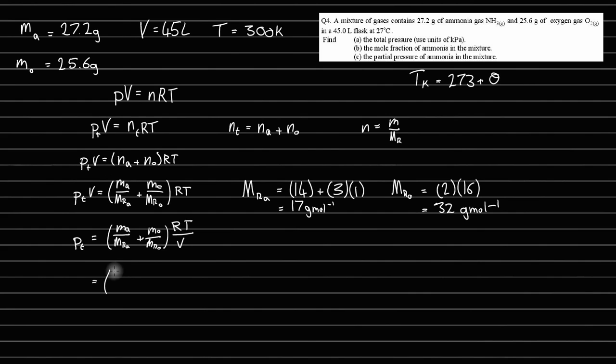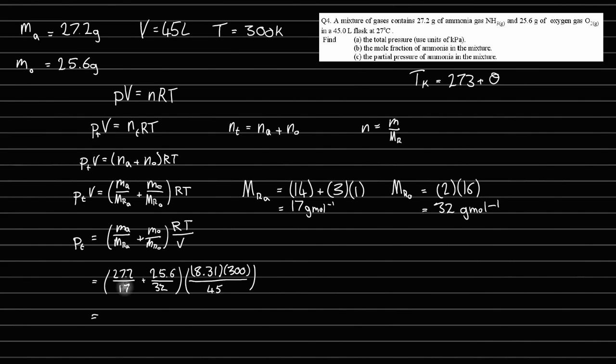We have the mass of ammonia to be 27.2 divided by the molar mass of ammonia that we calculated, 17, plus the mass of oxygen, 25.6 divided by the molar mass of oxygen, 32, times by R, the universal gas constant, 8.31, times by T, the absolute temperature, 300, divided by the volume, 45.